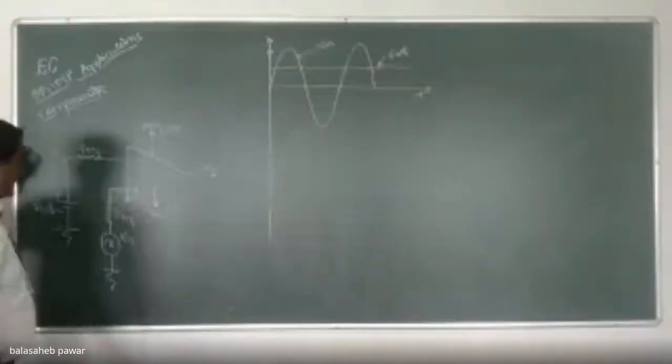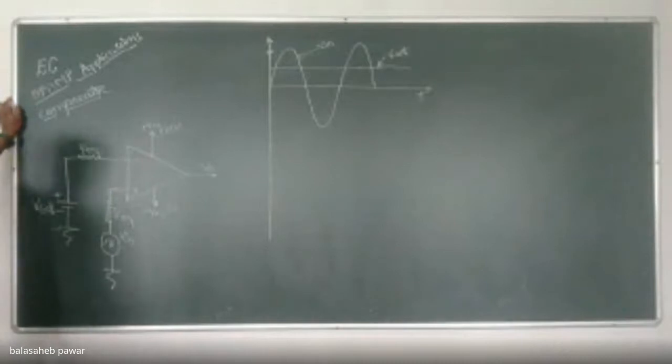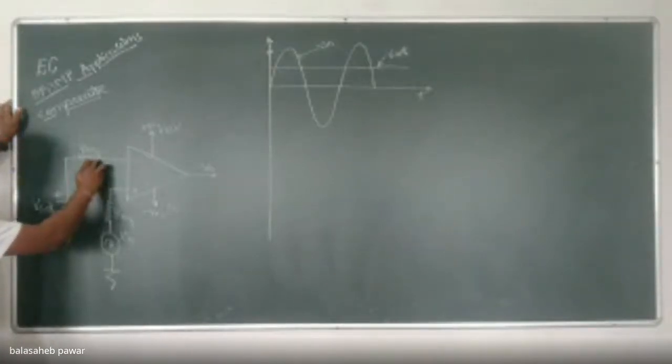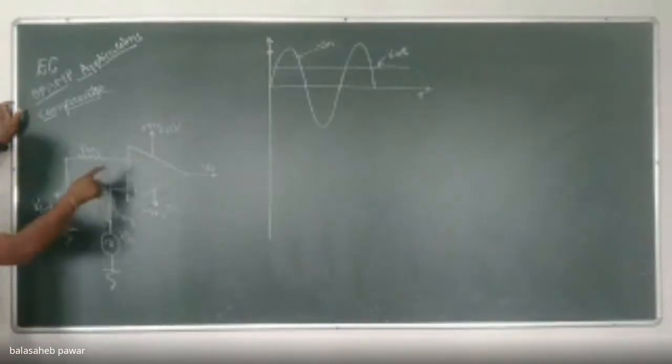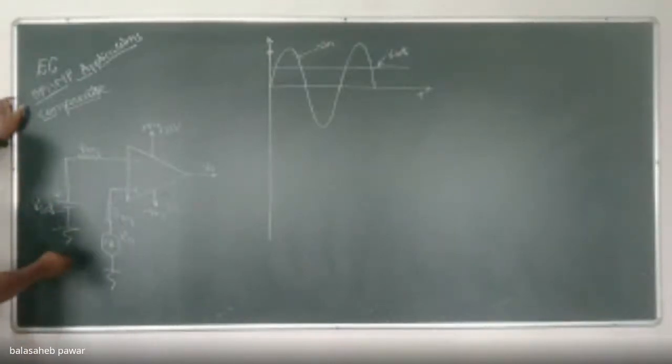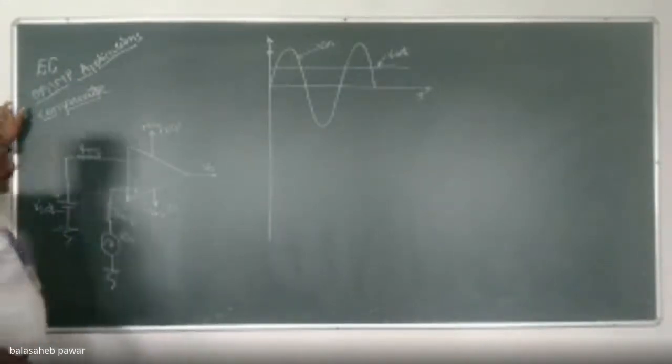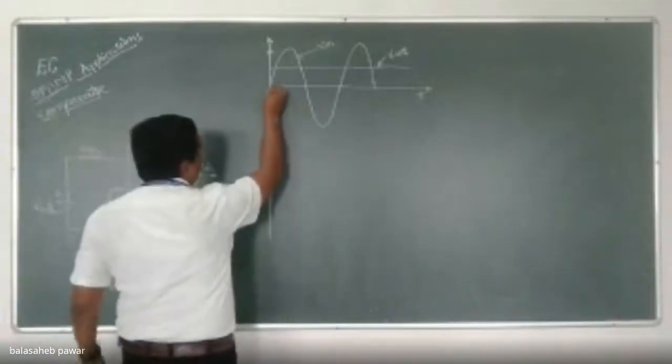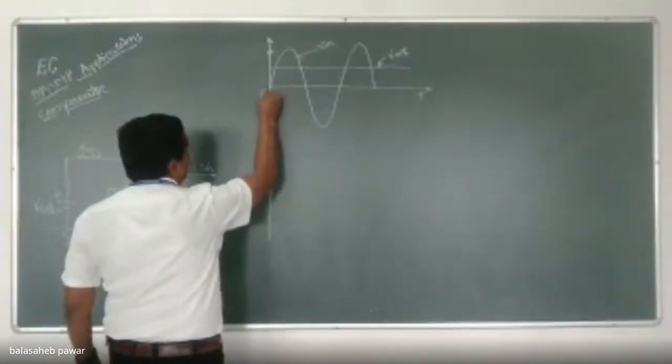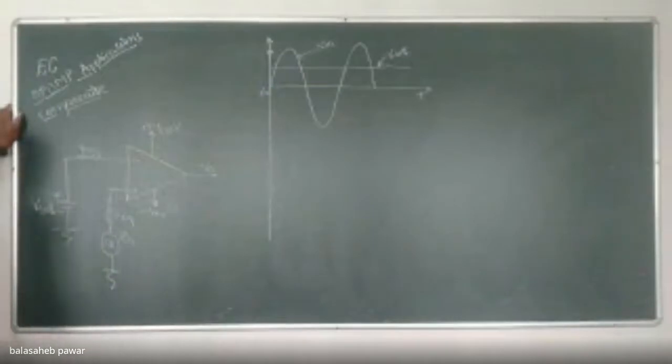Now, here as the op-amp is used in open loop configuration, initially whenever we turn on both the inputs, that is reference voltage and V in, at t equals 0, we will call this one T0, that is at origin.